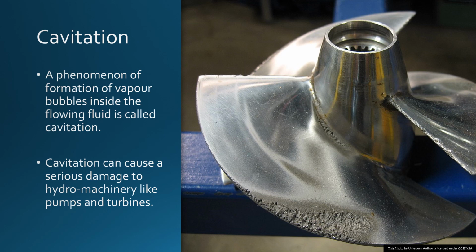For example, if there is a bubble here, when it bursts, the water from all directions wants to move from higher pressure to lower pressure, right? So the bursting of the bubble, and then that high pressure, high force impacts the machine surface. This is one example of how cavitation affects the machine surface. Okay, so that's basically due to the formation of vapor bubbles and then the bursting of those vapor bubbles.